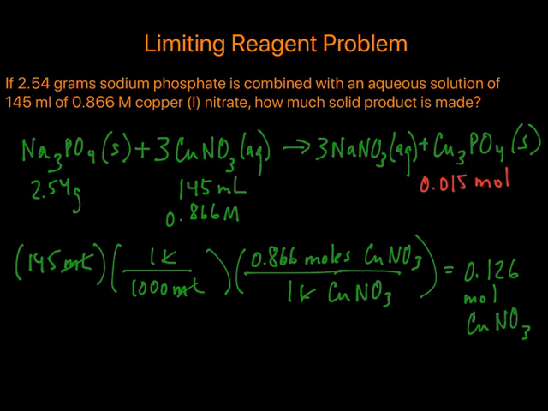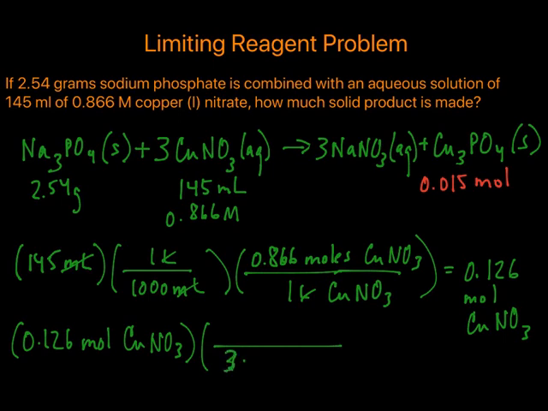Okay? So let's figure out how many moles of copper phosphate we're going to make from this amount of copper nitrate. So 0.126 moles of copper nitrate. If we have to figure out how many moles of copper phosphate, we know that from the balanced equation, for every 3 moles of copper nitrate, we will make 1 mole of copper phosphate.